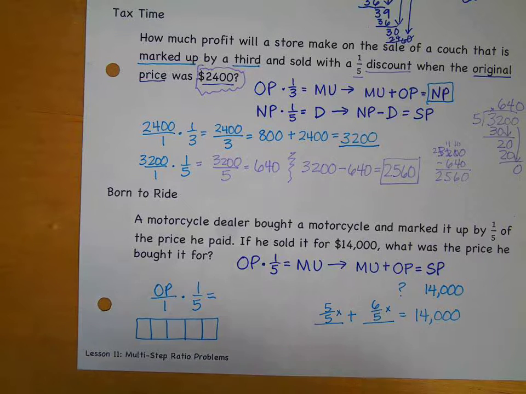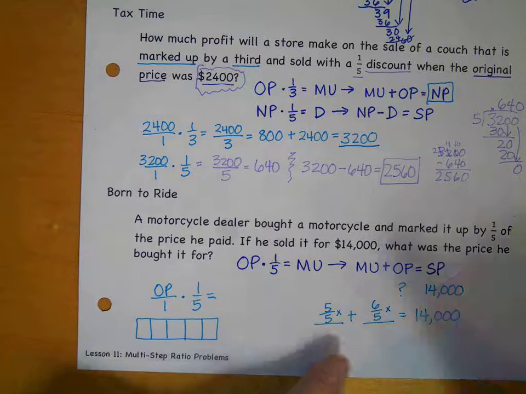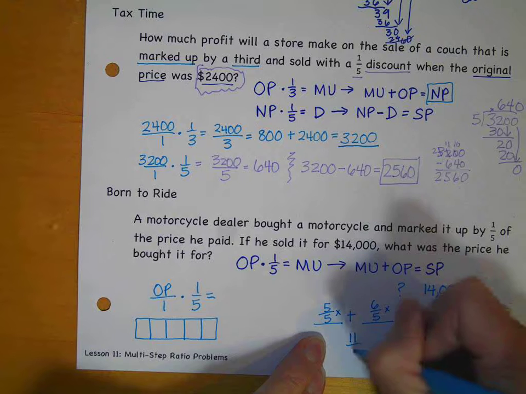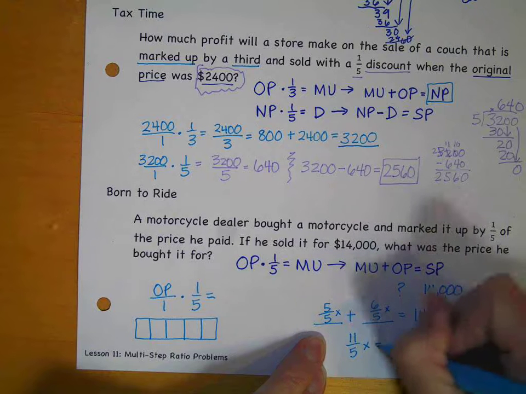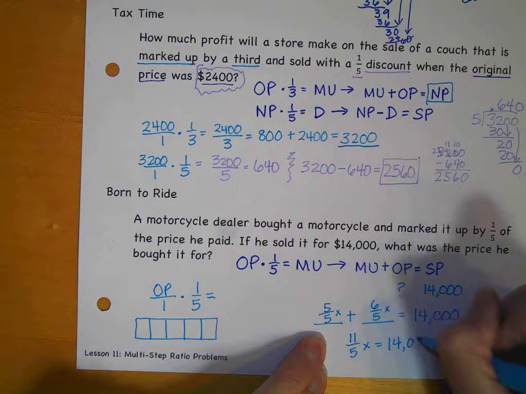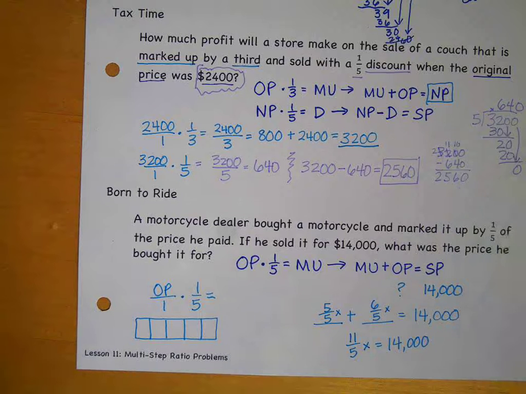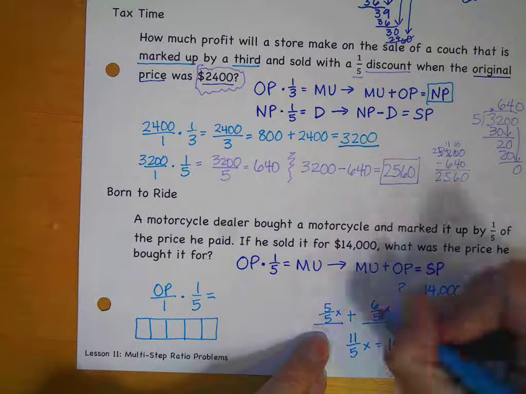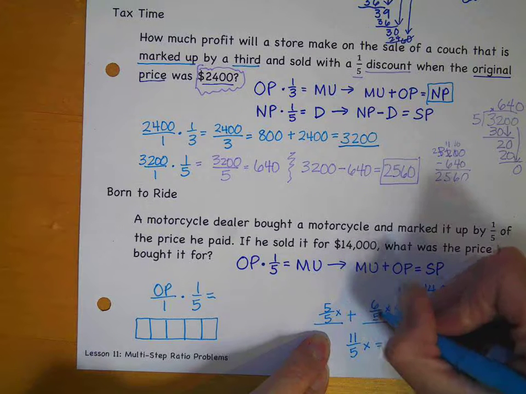Then we just add those together, and we would get 11/5 x equals $14,000, because it's the original plus the markup. Oh no, wait.